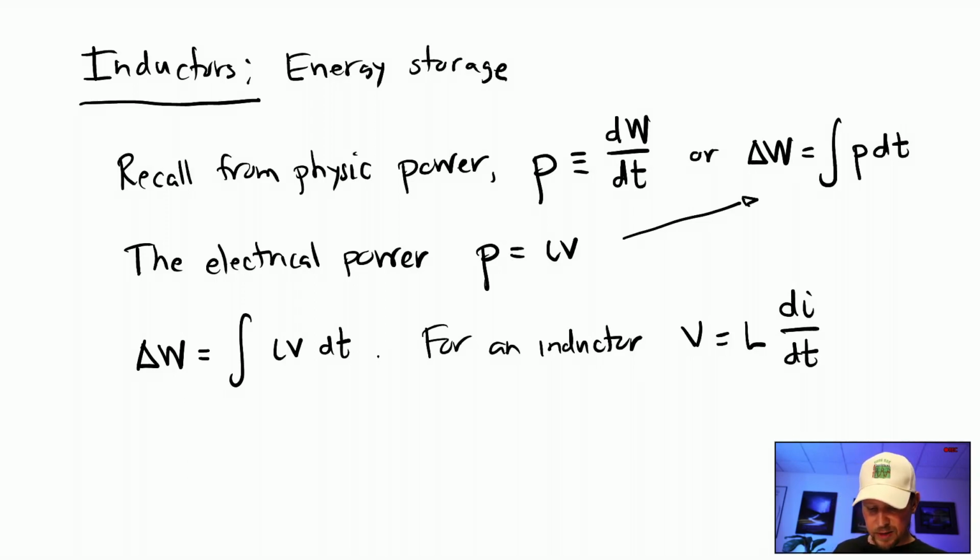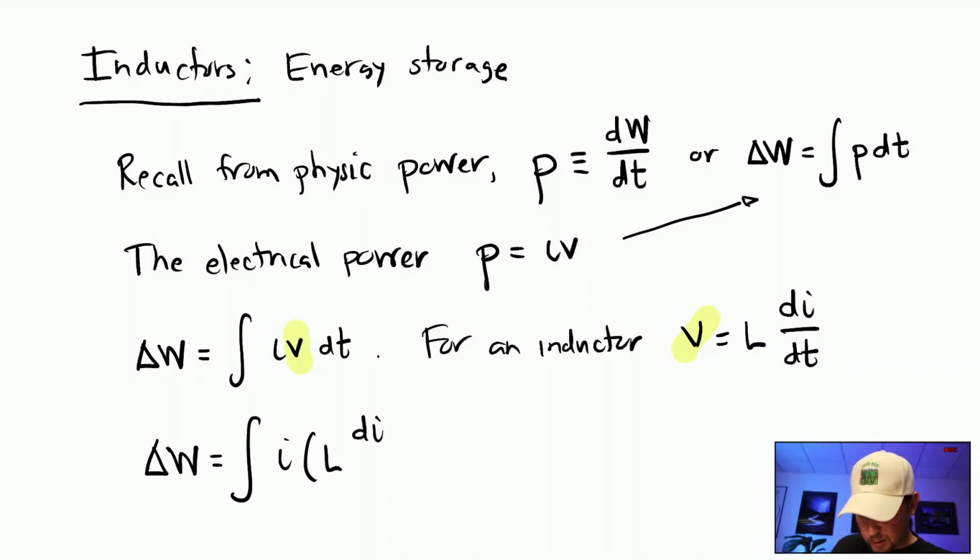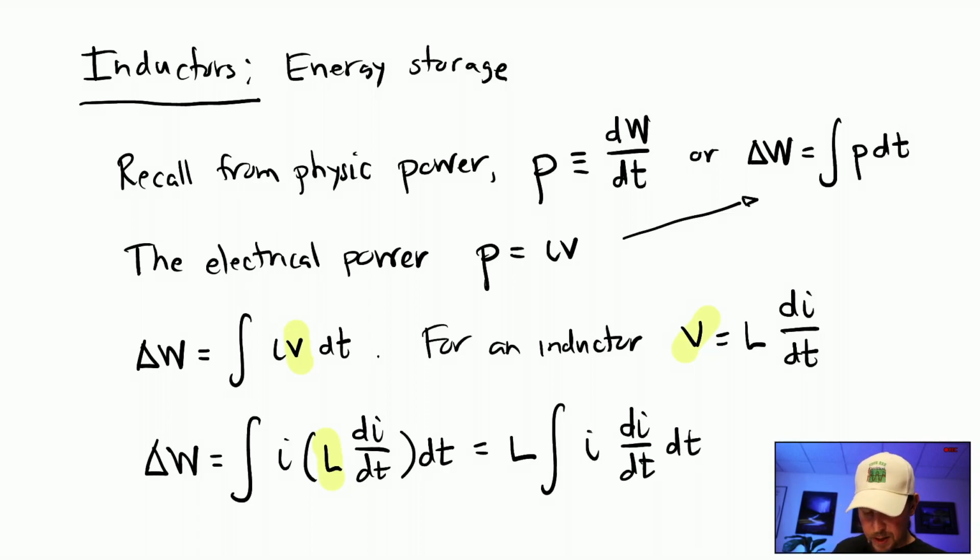So notice that I can actually use this and replace it right there, which means that my energy is equal to I times L di/dt times dt. I can rearrange this slightly. I can pull out the inductance because this right here is constant. And I can rewrite this as I di/dt times dt.